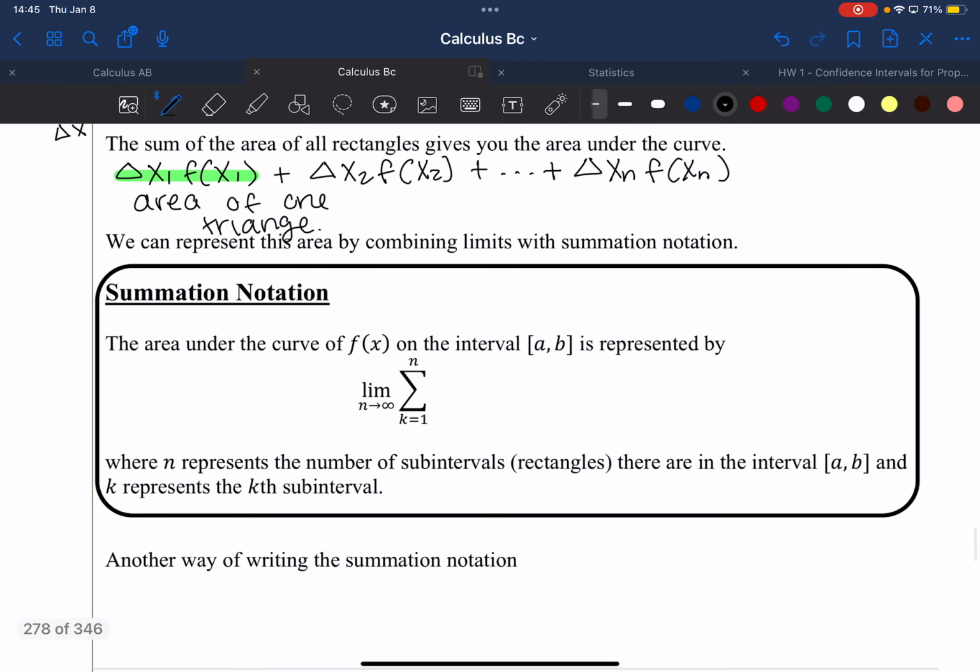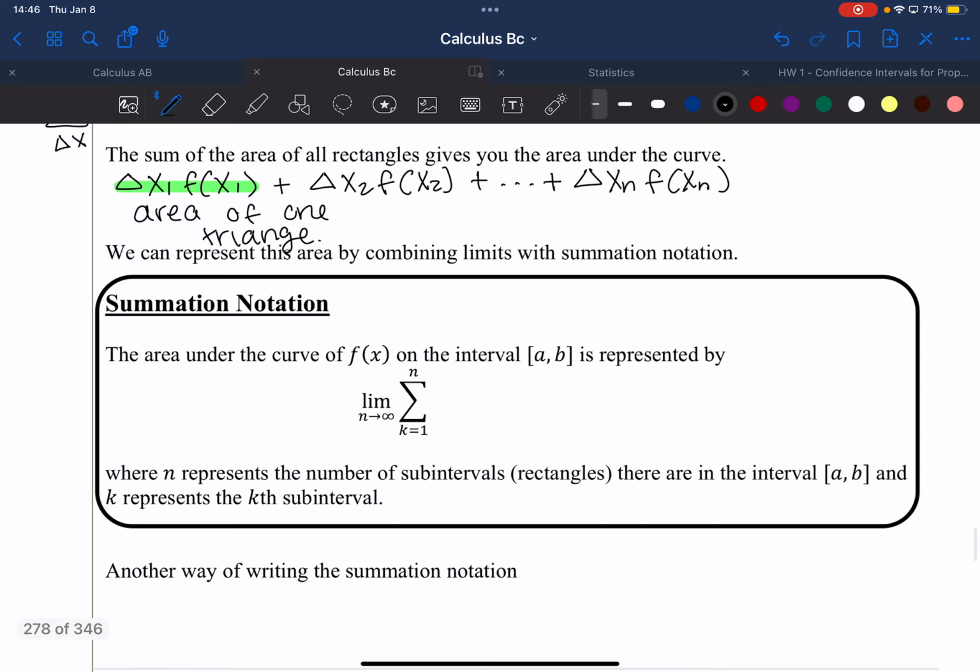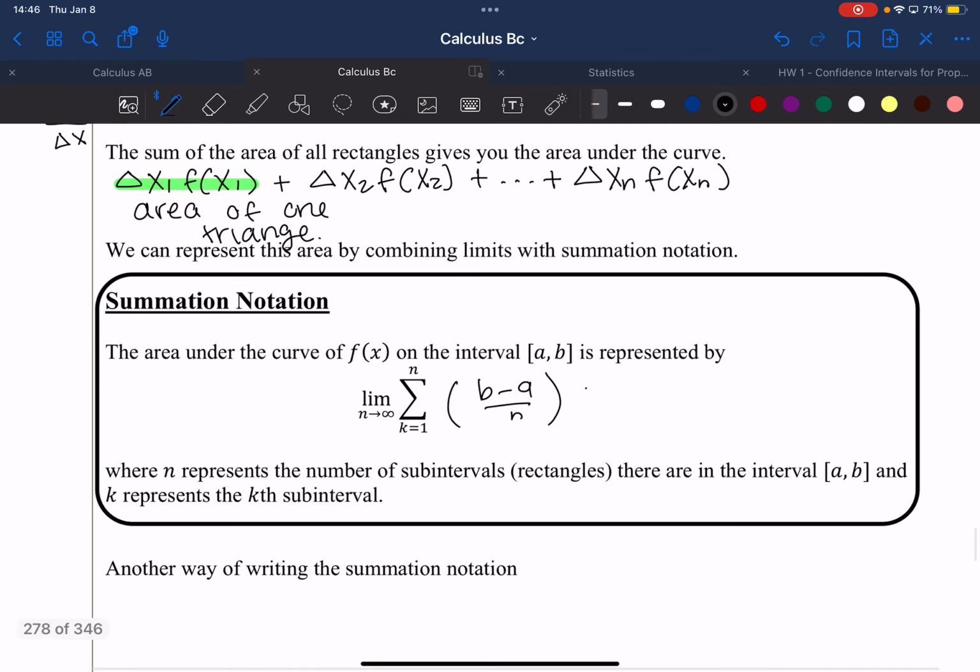It says the area under the curve of f of x on the closed interval a to b is represented by the limit as n approaches infinity of the summation of k equals 1 to n of (b minus a) over n, so the change in x, the width, times f of (a plus (b minus a) over n times k), and that is representing the height.